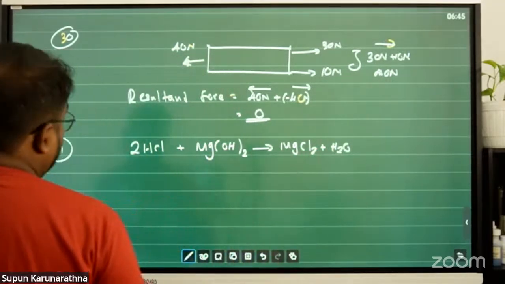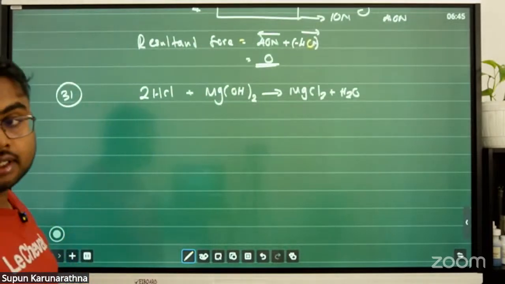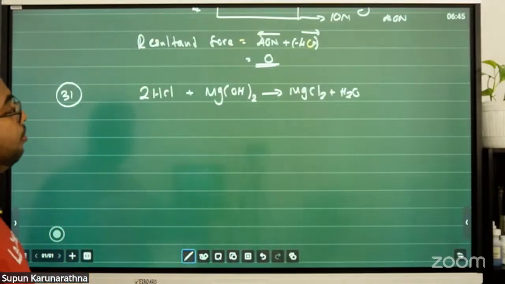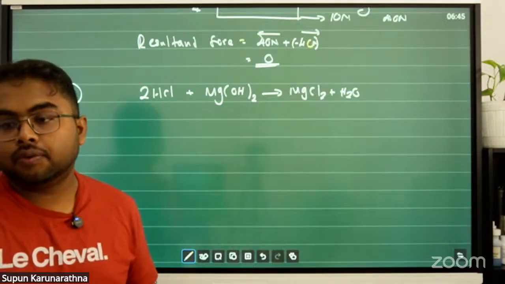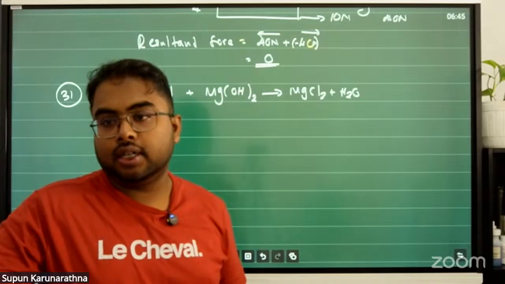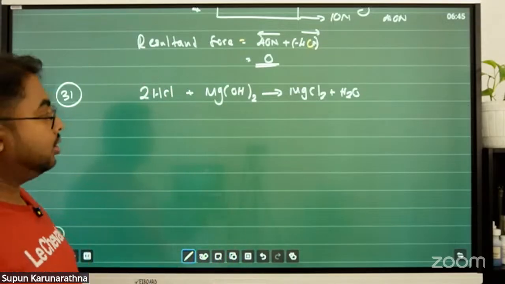You know that hydrochloric acid is an acid, and magnesium hydroxide is a base. When an acid reacts with a base, we call this kind of chemical reaction a neutralization reaction. It's an example of a neutralization reaction.